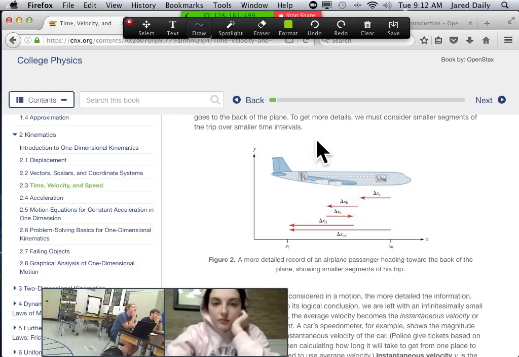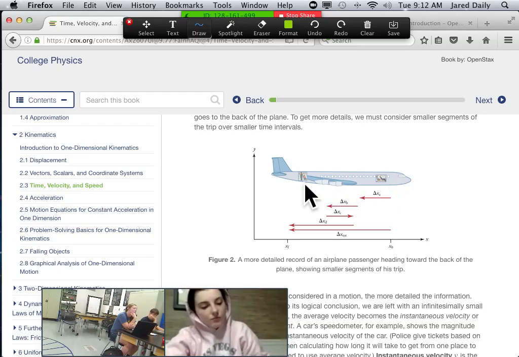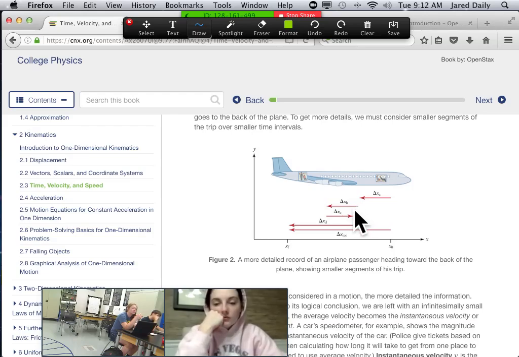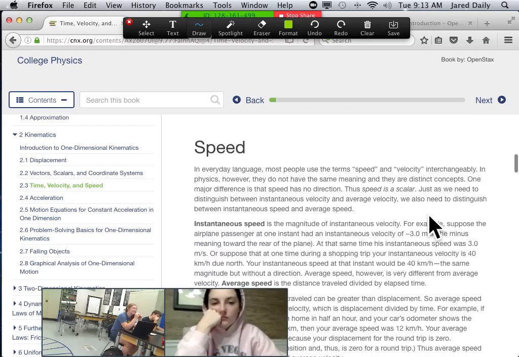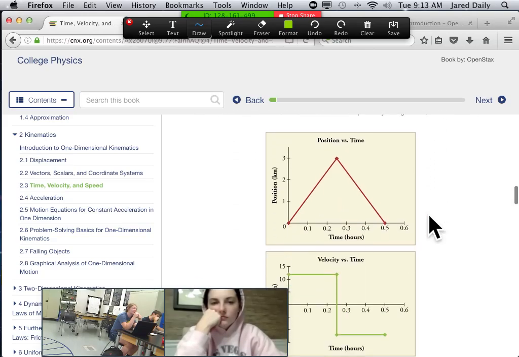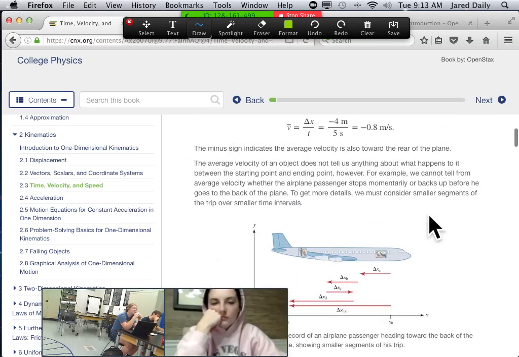This coordinate system with the plane has a floor that people move relatively to, and when you're inside the plane, you don't think of the plane moving, because you're completely enclosed. The floor doesn't look like it's moving. You don't feel like you're moving. But when you're outside the plane, you definitely have that feeling. So it's a good idea to draw a picture like this, like for the plane.